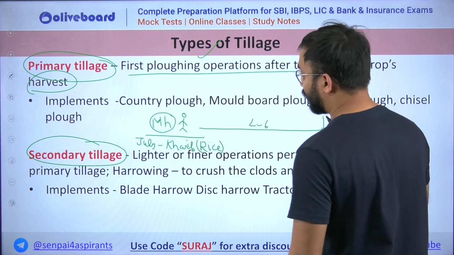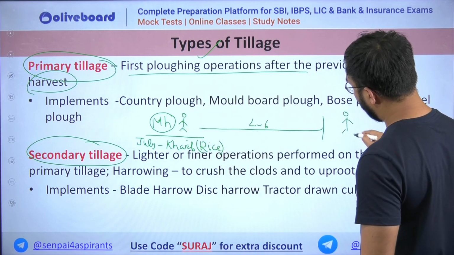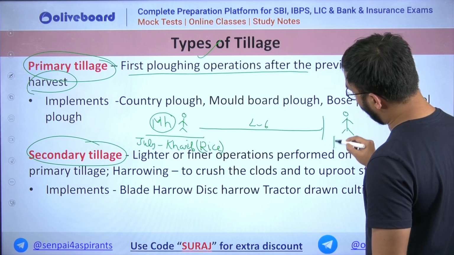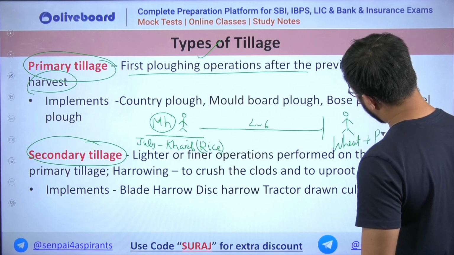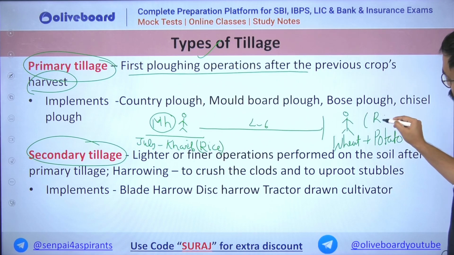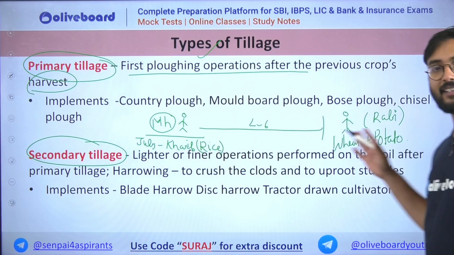Now after harvesting that rice, he is thinking of planting wheat plus potato. These are your Rabi crops. I hope I am clear. So, Kharif crop and Rabi crop.